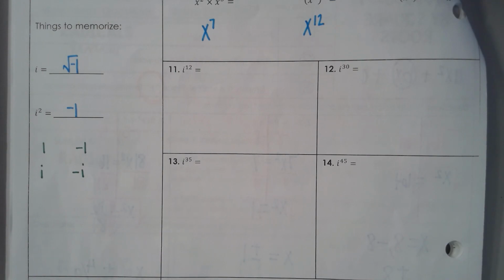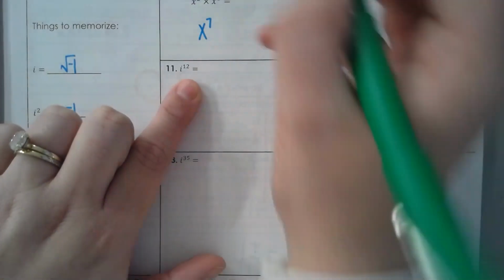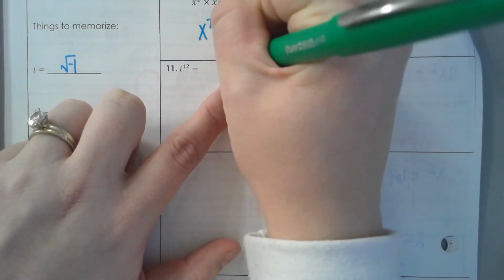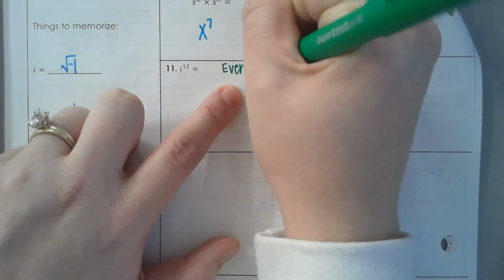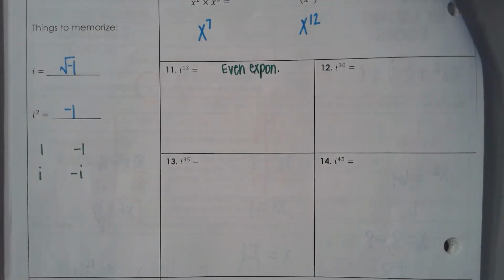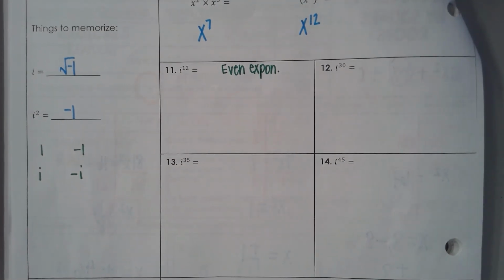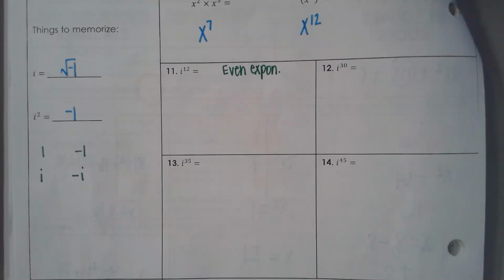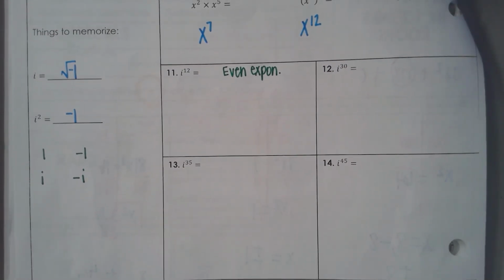The first 2 have even exponents. That's important. They have even exponents. It's a teensy bit easier, one less step when they have an even exponent.